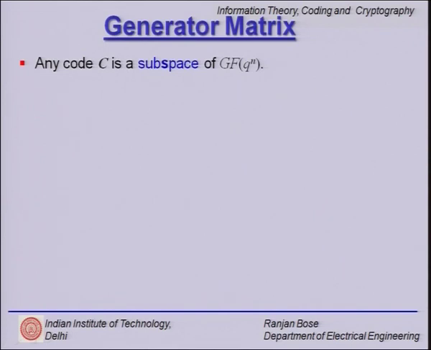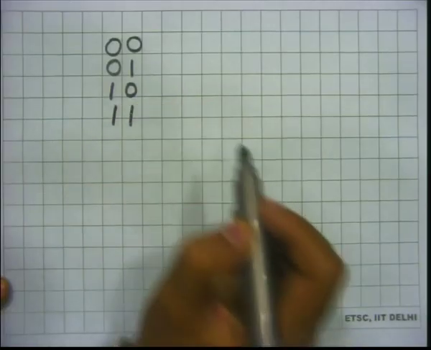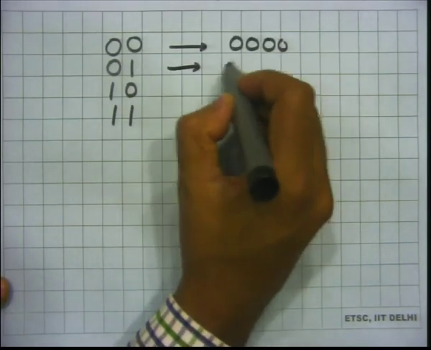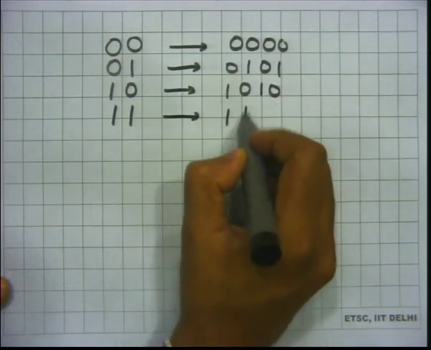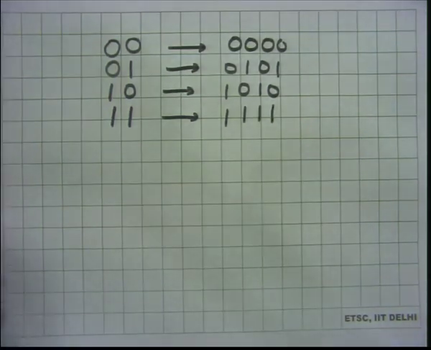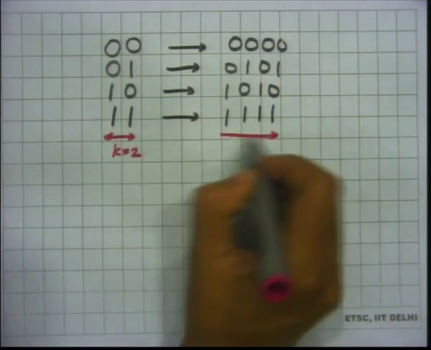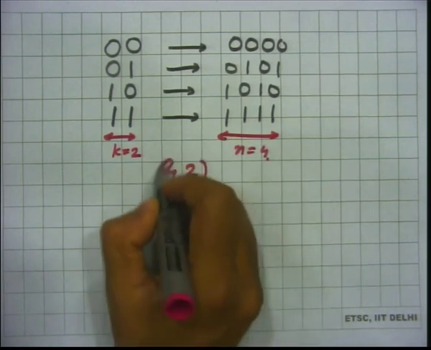If we take a very simple example, a code which is a lookup table, say 0 0, 0 1, 1 0 and 1 1, please recall that K equal to 2 and N equal to 4 here. So, this is a (4, 2) code.